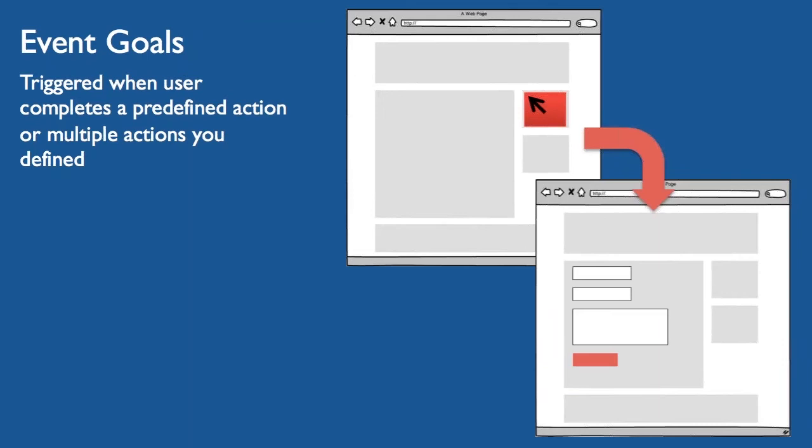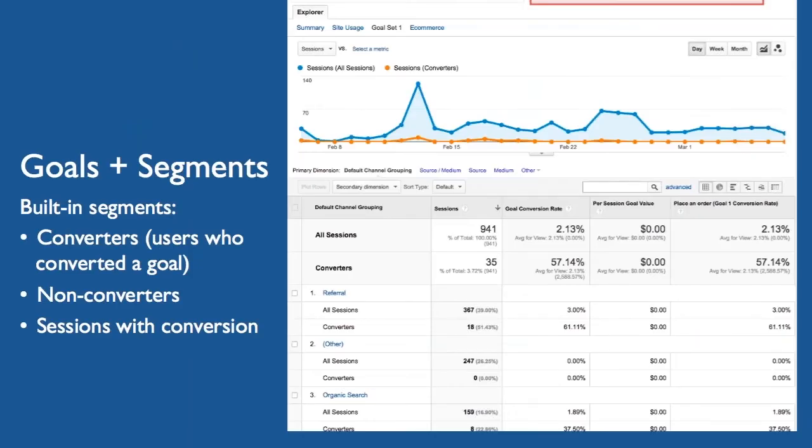And one final thing I want to talk about that has to do with goals is using goals in combination with segments, which is very, very powerful, and it can help you understand your audience in a completely different way. So as I said, there are many built-in segments in Google Analytics, and 3 of those have to do with goals.